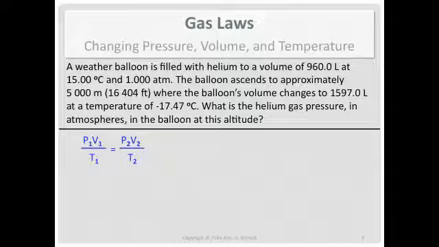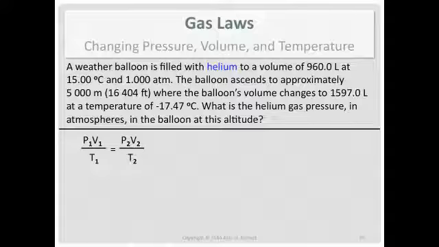Nothing was said about how much gas there is in the balloon. There are some distractors. The altitude is a distractor. You don't need that to solve the problem. I used it when I looked up information to use for the problem, but from a calculation point of view, it's not needed.